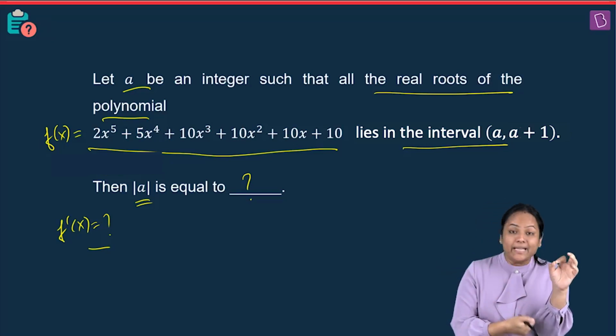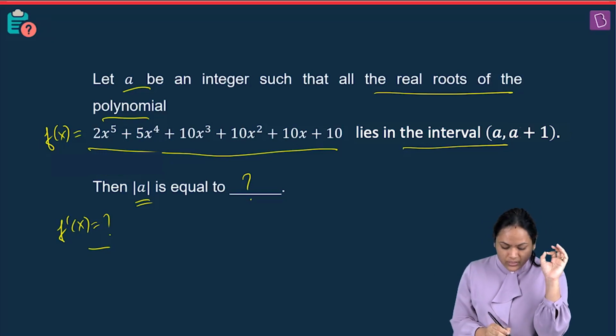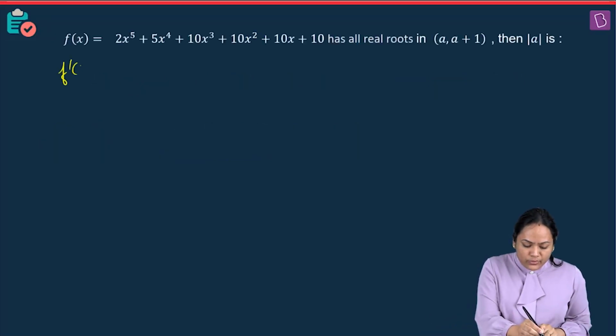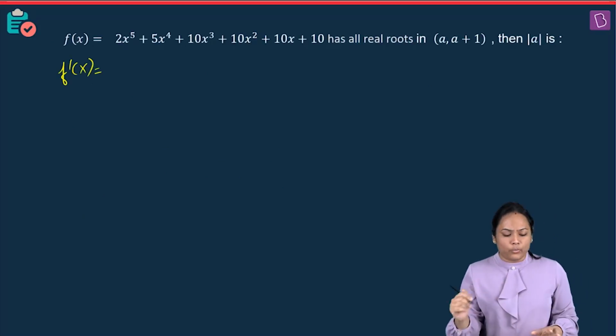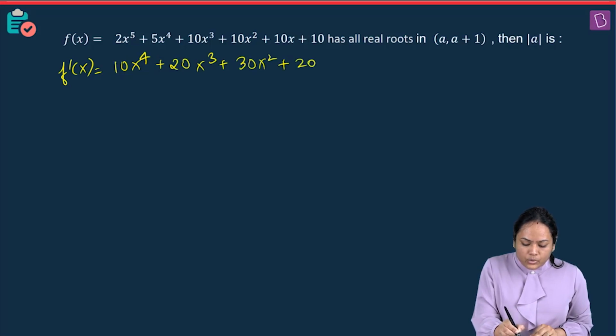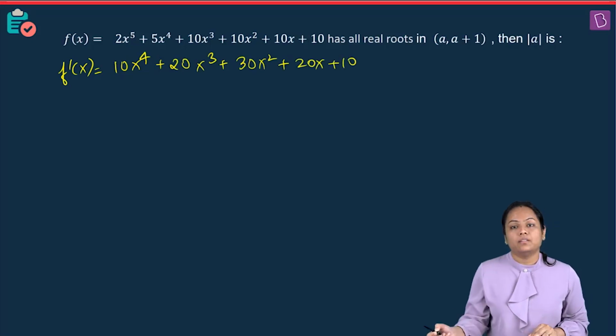So quickly finding the f dash x value first. This is my polynomial which is given to me. I'm trying to find f dash x. So when I differentiate it, it's going to be 10 times x raised to 4 plus 20 times x cube plus 30 times x square plus 20x plus 10.